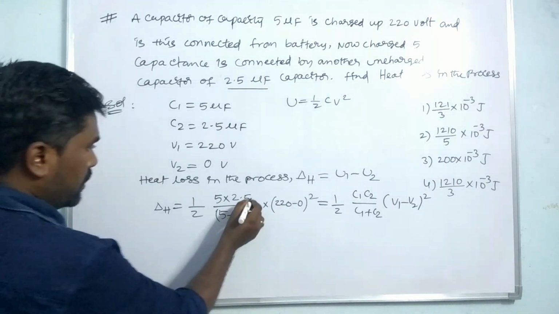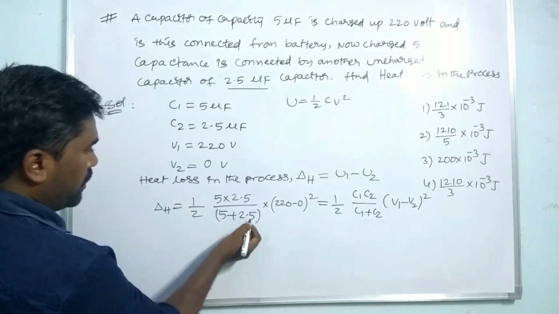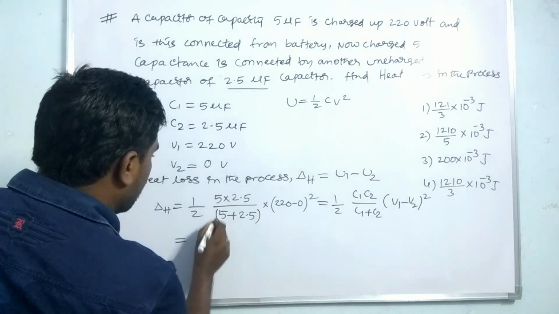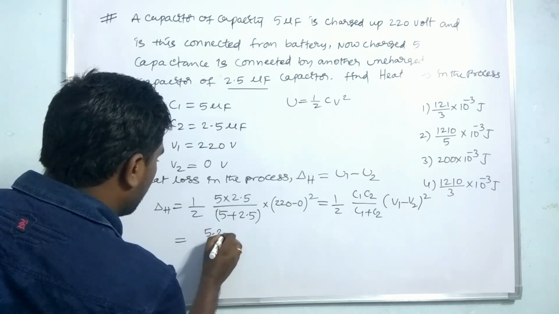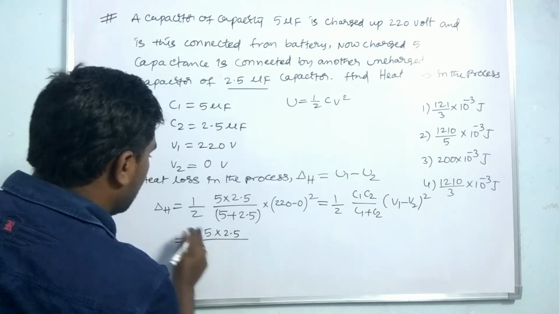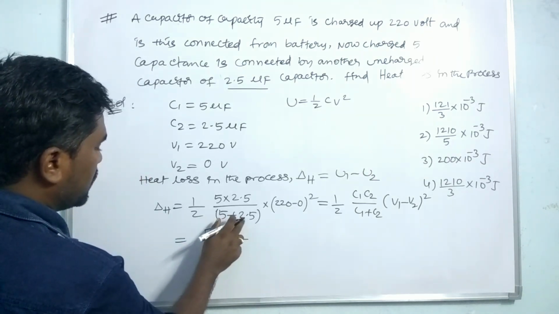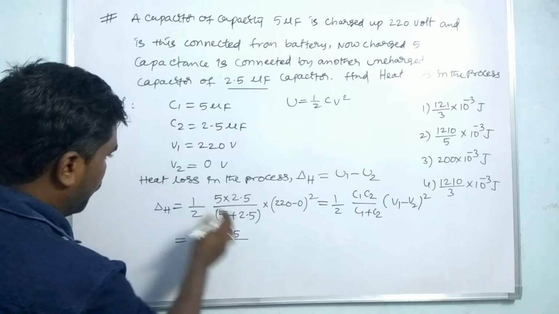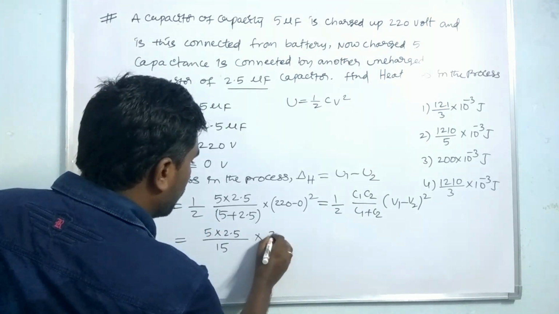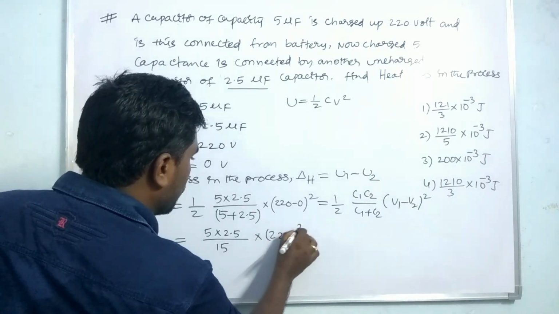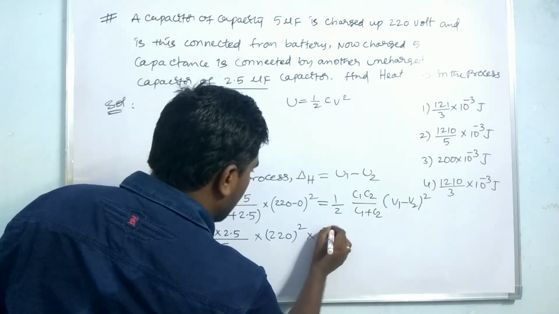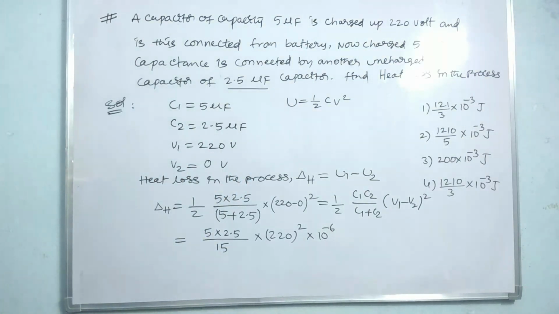Simply, here we have microfarads, 5 microfarad and 2.5 microfarad. So 5 into 2.5 by 2 times, 5 plus 2.5 is 7.5, which is 15 by 2, into 220 whole square.